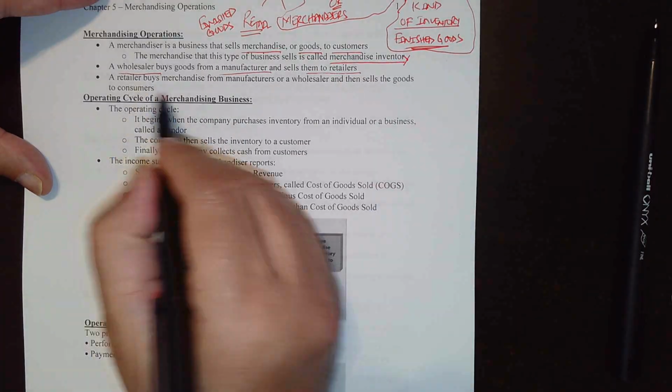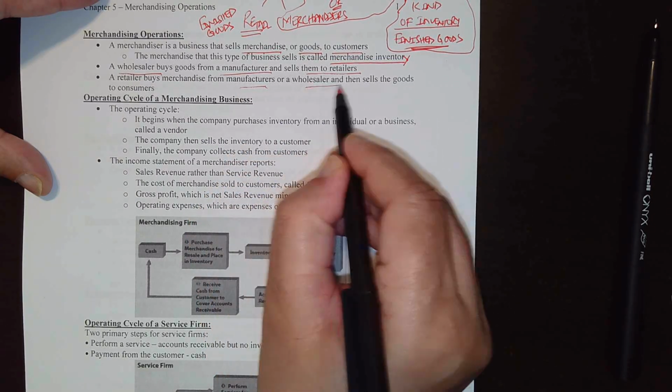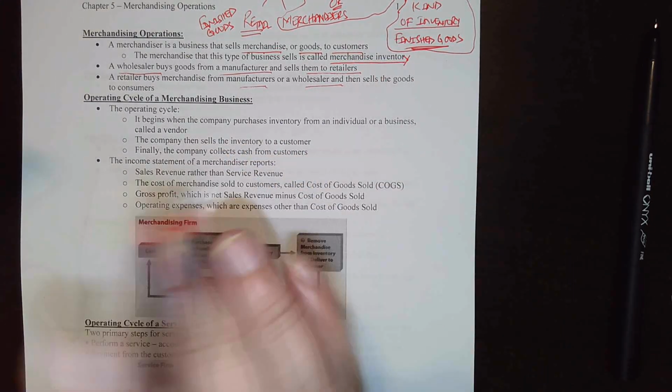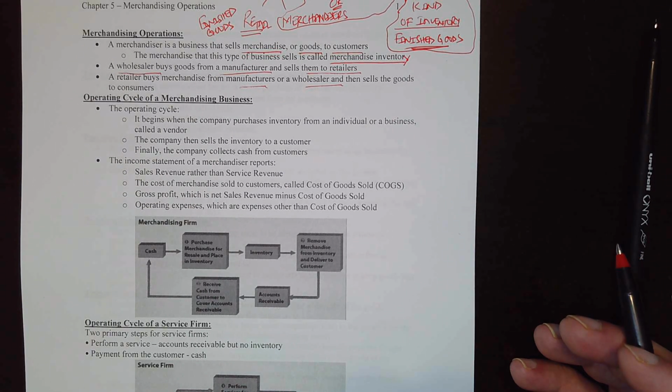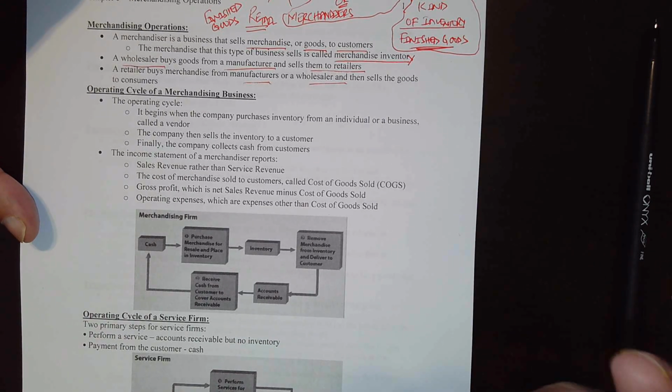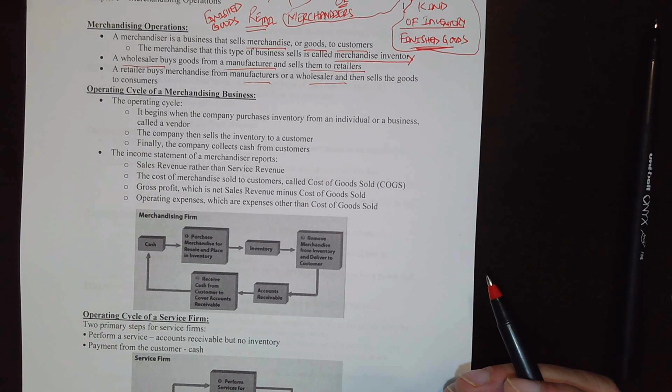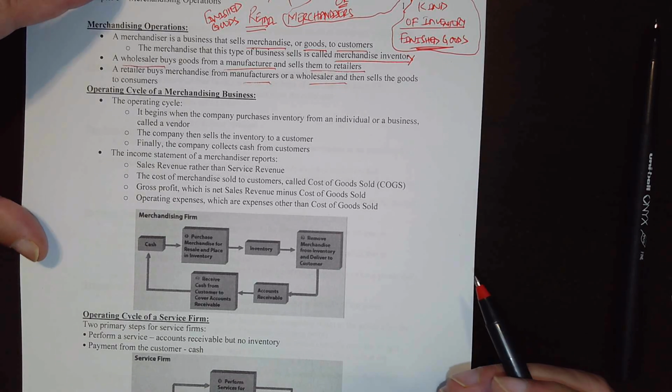So a retailer buys merchandise from manufacturers or a wholesaler and then sells goods to consumers. So we do not really have wholesalers much in the way we used to have 20 or 30 years ago. However, we still talk about them, because in certain areas wholesalers still exist.